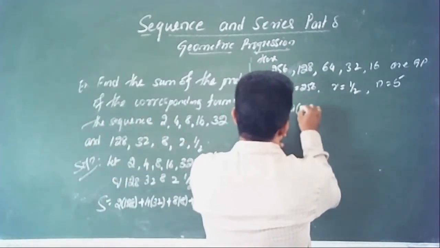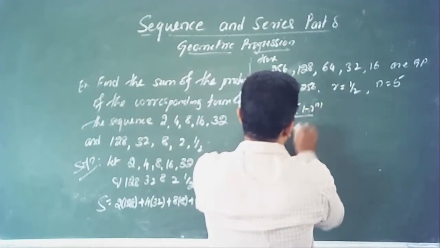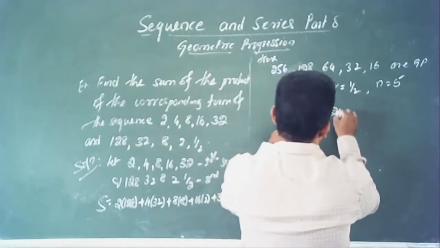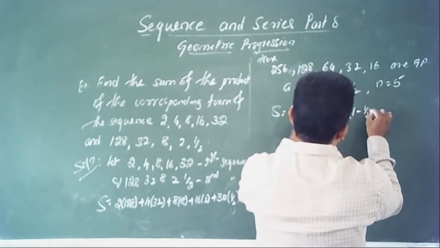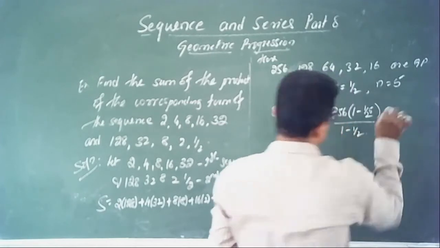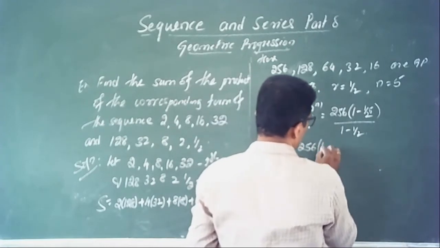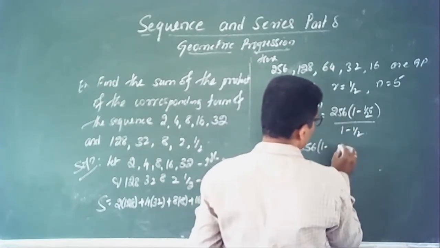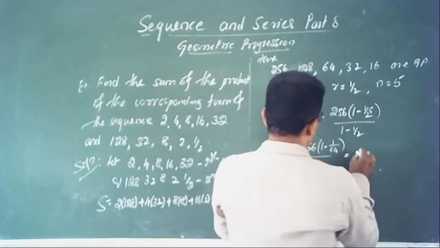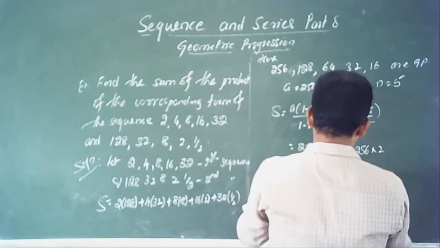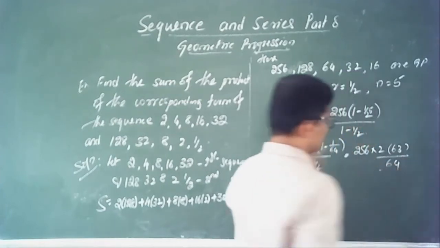Here you know that S is equal to A into 1 minus R to the power n divided by 1 minus R. A is 256, R is 1 by 2, to the power n, n means 5, divided by 1 minus half. Simplify: 256 into 1 minus 1 by 2 to the power 5, which means 1 by 32, divided by half. 256 into 2, 1 minus means its value is 63 divided by 64.